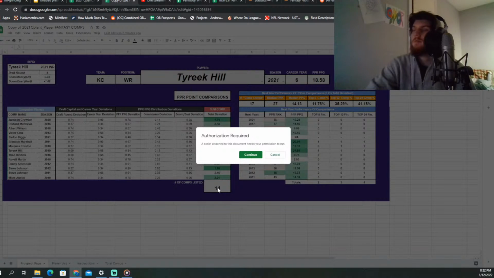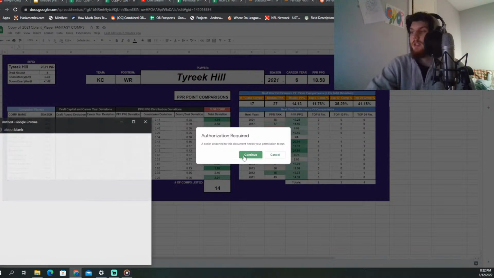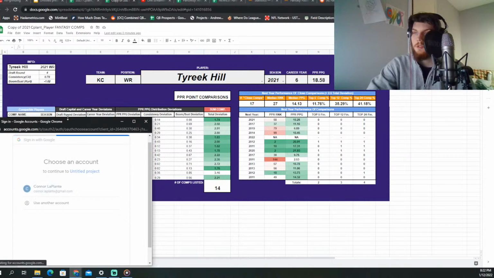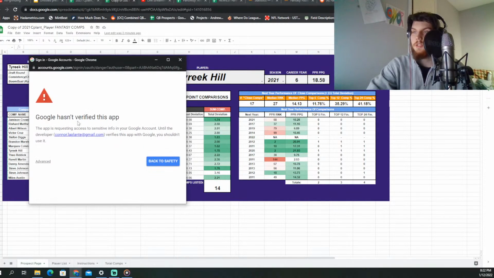Okay, so it's going to tell you authorization is required. To get past this, all you have to do is hit continue, and then choose the account that you're signed into, the Gmail. It's going to say Google hasn't verified this app.